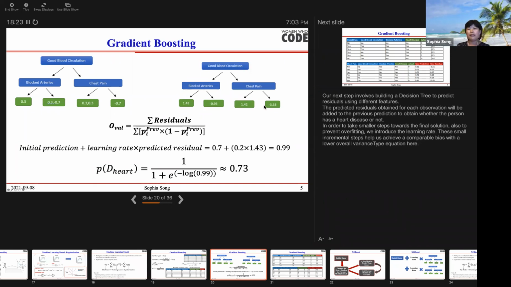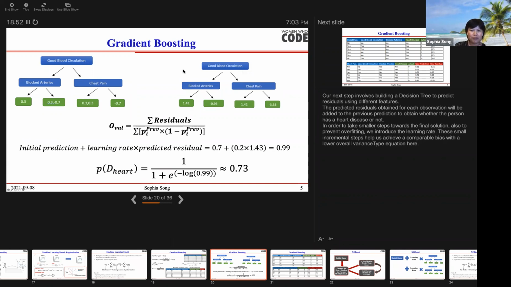However, like I said, if we directly add this output to the previous model, your step is too large. So we usually use a learning rate to reduce each model's impact on the whole model. For example, our output is 1.43, right?